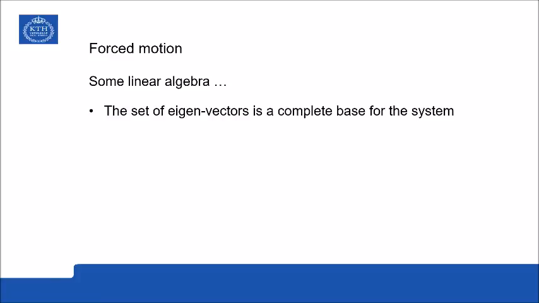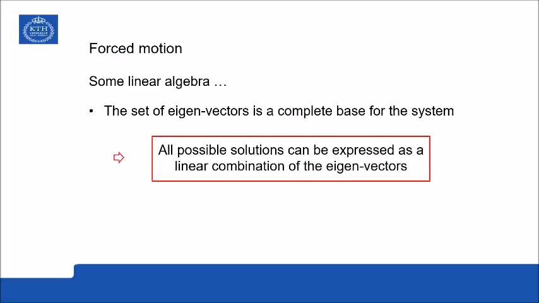Then we can use some useful theorems from linear algebra. First of all, the set of eigenvectors is a complete base for this system. So if we use the set of eigenvectors, all possible solutions, vibrations in this case, can be expressed as a linear combination of the eigenvectors.